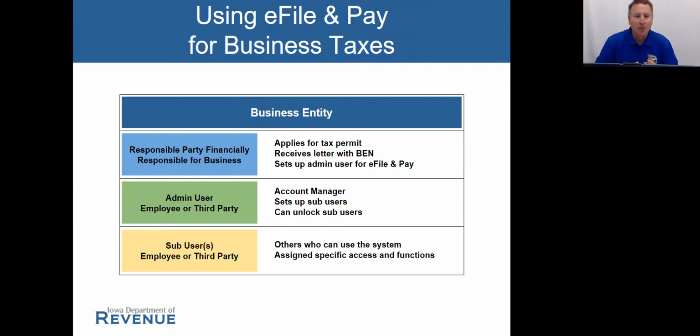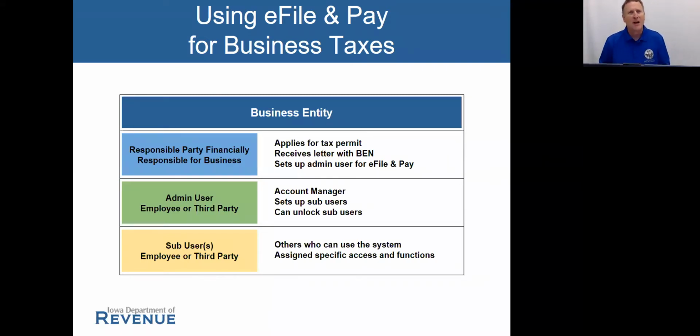So if you were a sole proprietorship, for example, the responsible party would be you, the owner, the sole proprietor. This is the person that's going to apply for the Iowa tax permit. They're going to receive the BEN and the Iowa tax permit in the mail, and they're the ones that are going to set up an administrative user in the eFile and pay system.